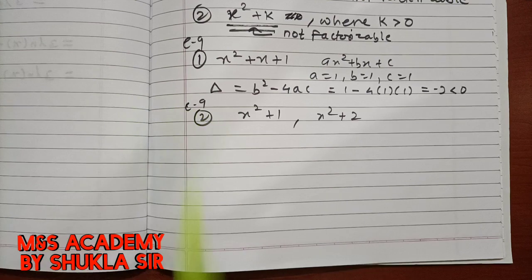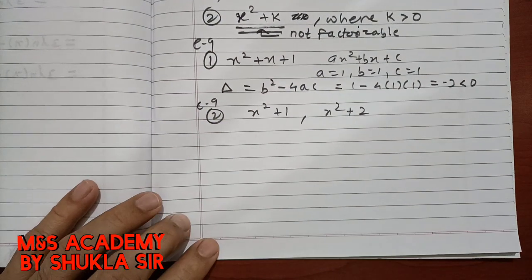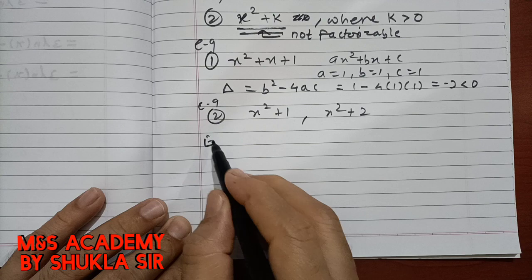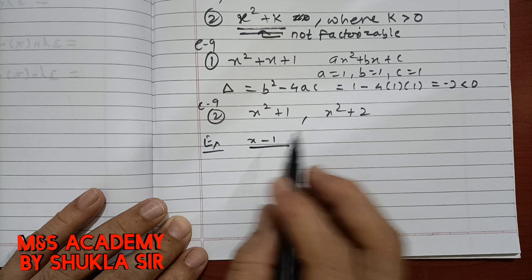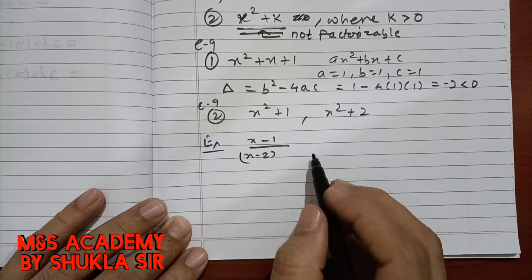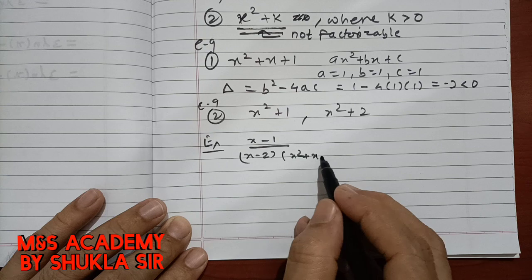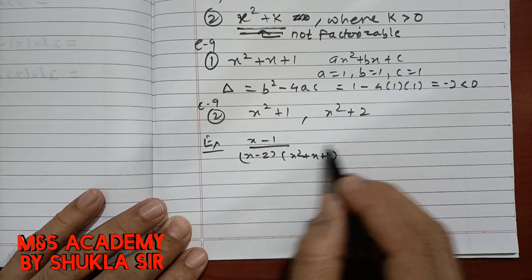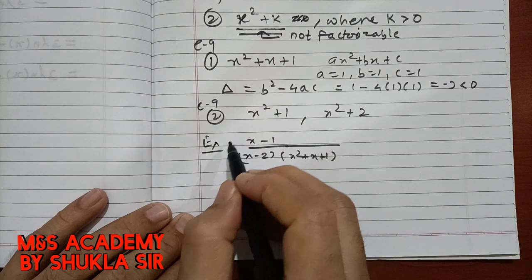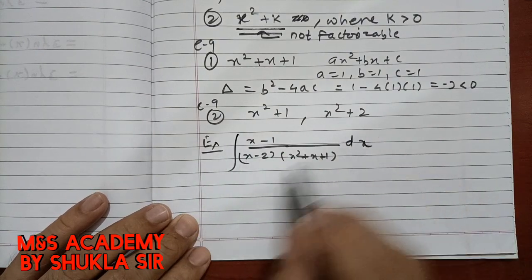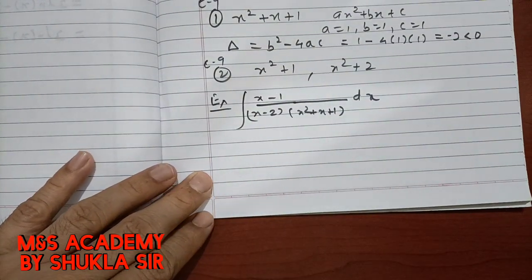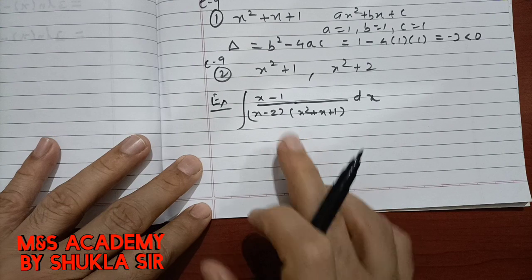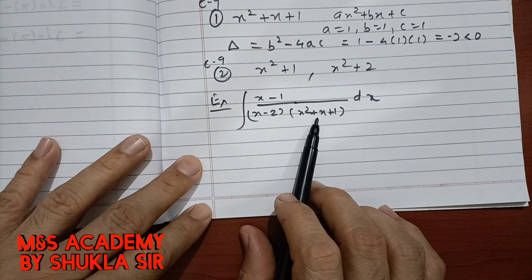Now we can consider the example: x minus 1 divided by x minus 2 times x square plus x plus 1. Suppose we want to find the integral of this function. First we need to write down its partial fractions. This is linear, this is an irreducible quadratic factor.